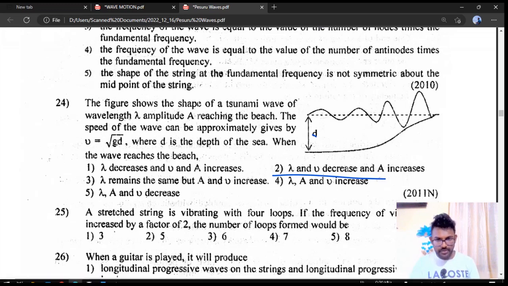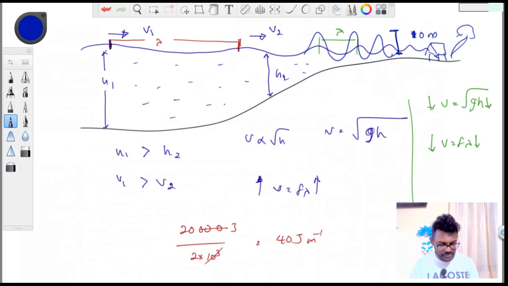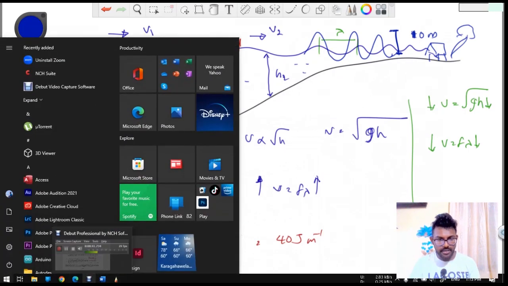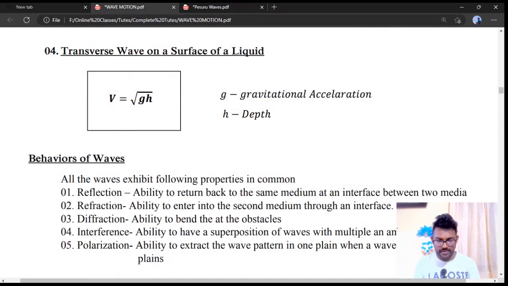Now we're going to discuss the different properties of waves, right? Waves show some properties or behaviors. Let's see what are the behaviors exhibited by these waves. So the wave shows reflection. Is it light?